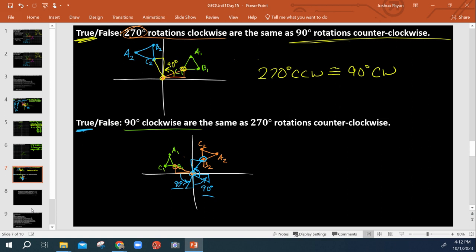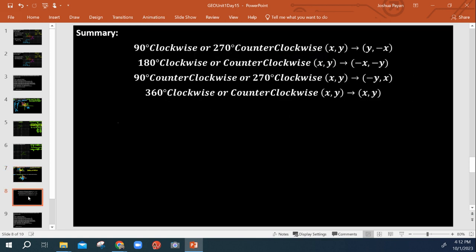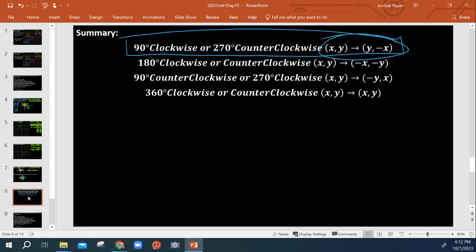Okay, one last thing, and we'll get to that. Let's go ahead and summarize. So that means 90 degrees clockwise, 270 counterclockwise, exact same thing, we have the same generalization. X and Y flip with the X sign change. 180 degrees clockwise or counterclockwise is the exact same thing.